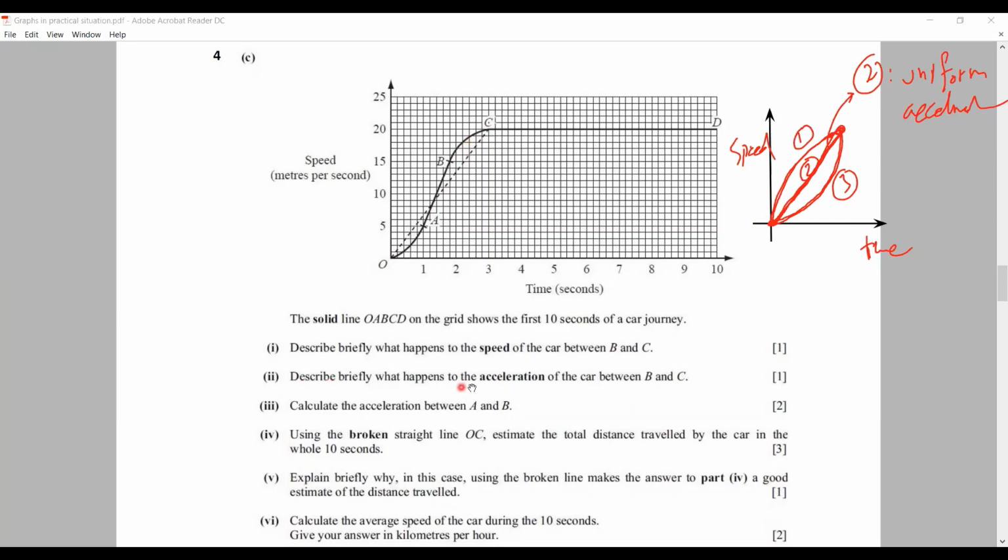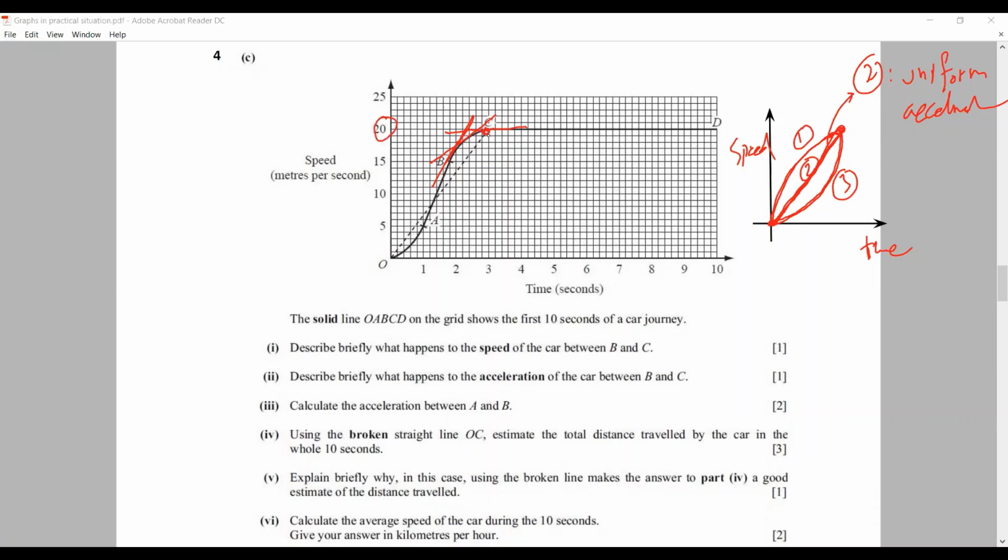Describe briefly what happens to the acceleration of the car between B and C. Acceleration is the slope. For a speed versus time graph, it's the slope. And for a curve, you cannot find the slope. However, you can find the slope at a point. If I draw the slope for point B, for example, this is what you get. And as you go up, the slope is decreasing to the point at which the speed becomes constant, 20 meters per second.